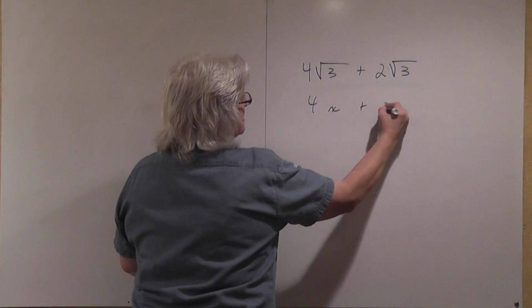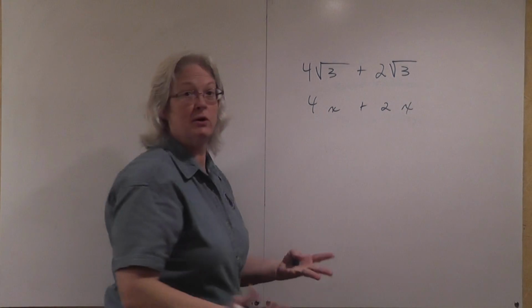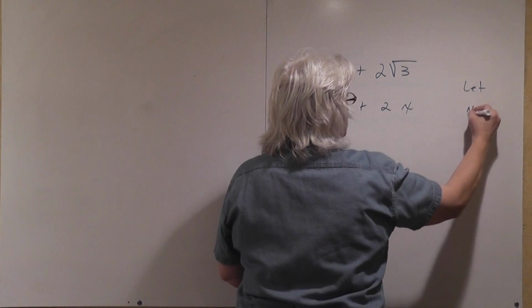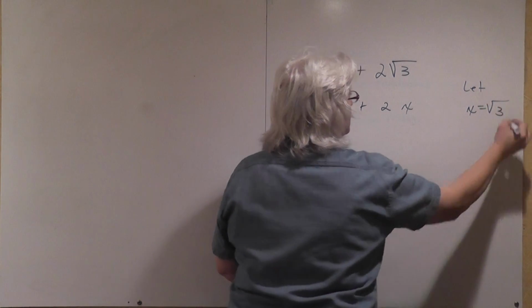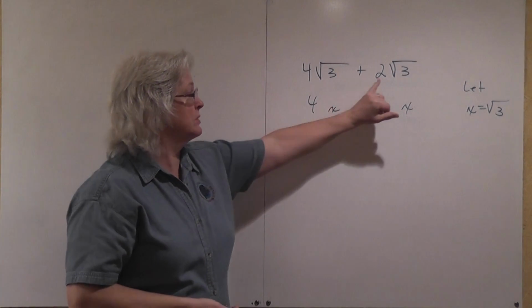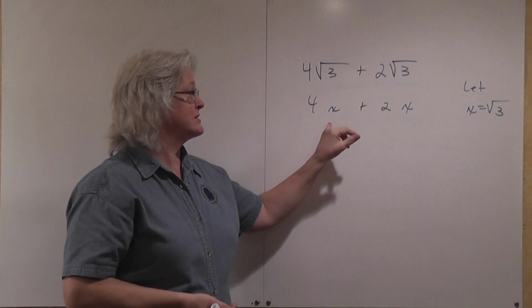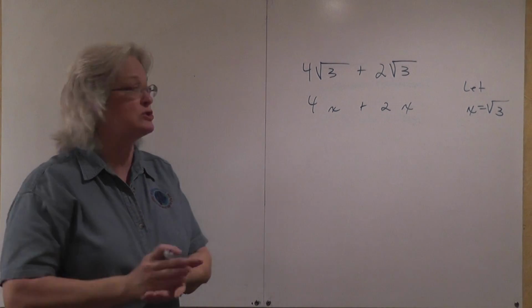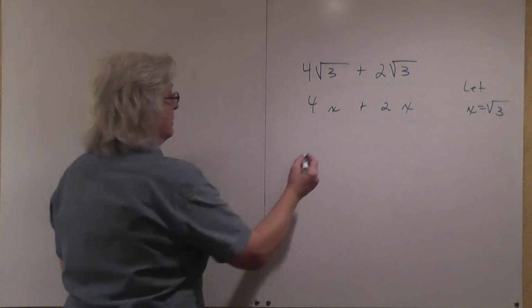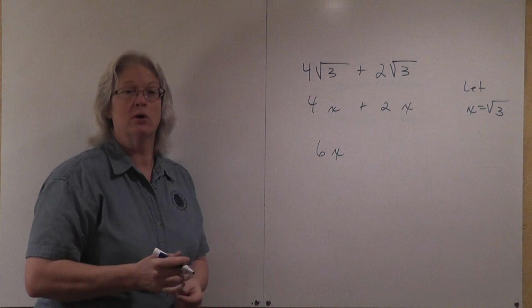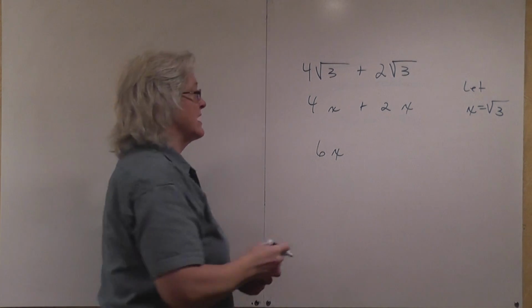4x plus 2x, because we could say let x equal the square root of 3. And instead of using the square root of 3 here, if we substituted in an x, then it just immediately jumps out at you that you add the coefficients together and we have 6x.